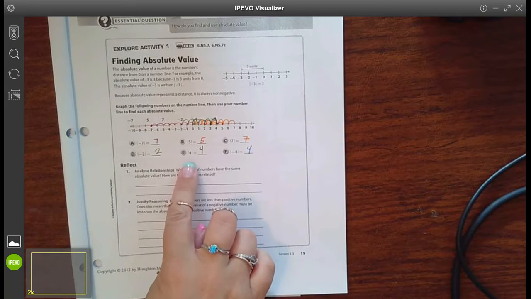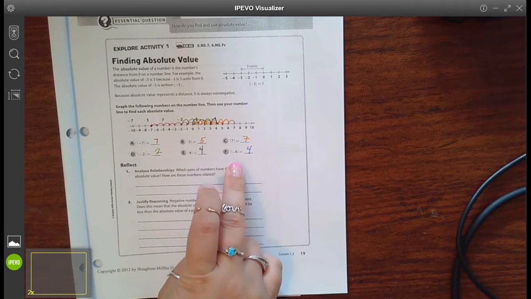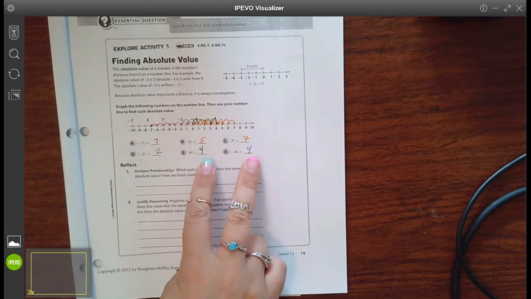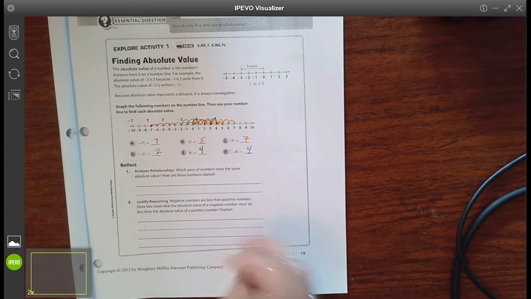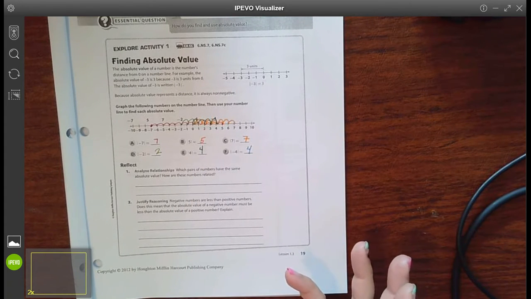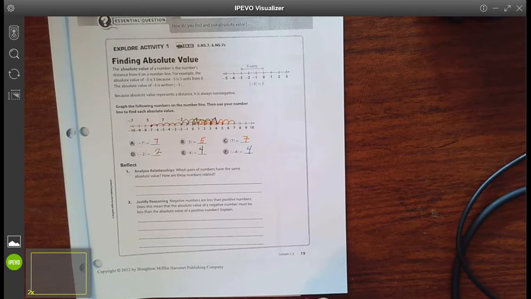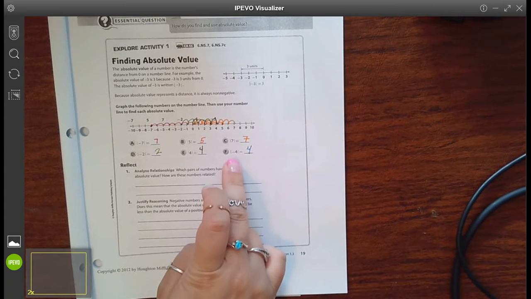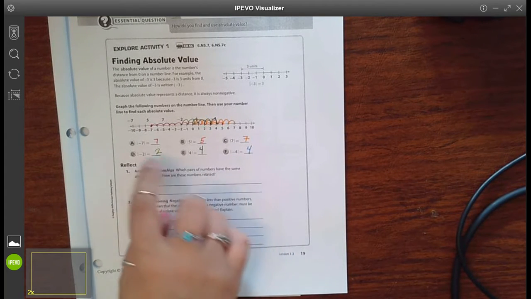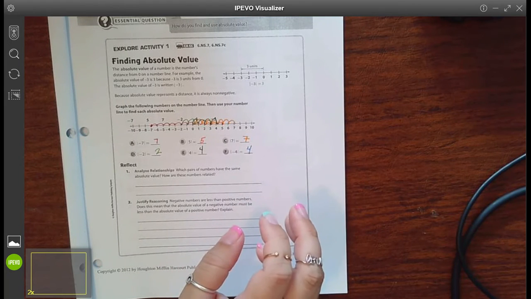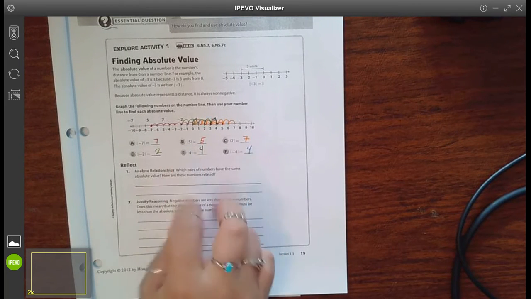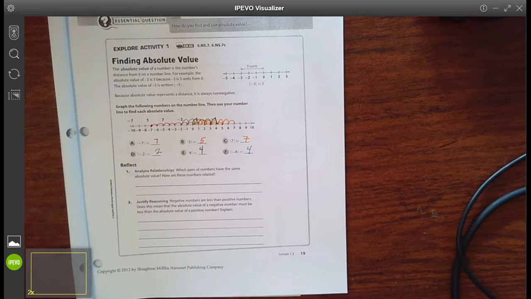Yeah, the absolute value of 4 and the absolute value of -4 both had the same answer of 4. Okay, and why? Because they both are the same distance from 0. And what's the relationship to each other? Well, they're opposites of each other. The opposite of 4 is -4, and the opposite of -7 is 7. So when you take the absolute value of an opposite number, you'll still get the same numeric value.